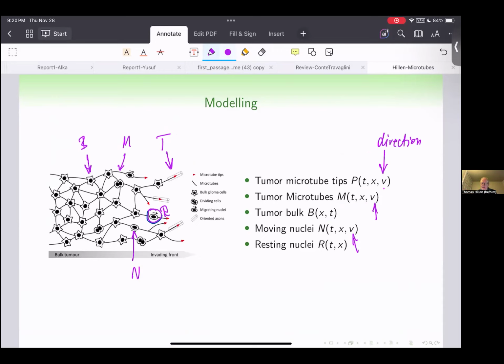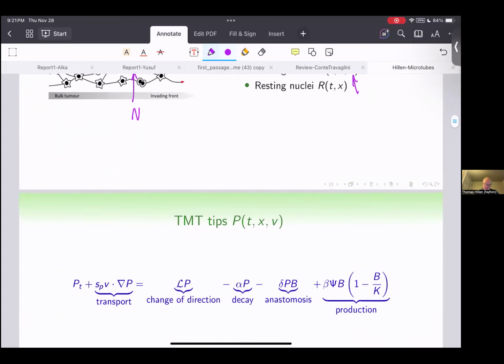And the microtubes as well, right? The microtubes grow in a certain direction, so it's also important to know what this direction is. And the moving nuclei, they move along the microtubes. So again, this is directed movement. And what is better to describe directed movement than transport equations? So the equations for P and M and N will be based on the idea of a transport equation. Okay, so I show you what that is.